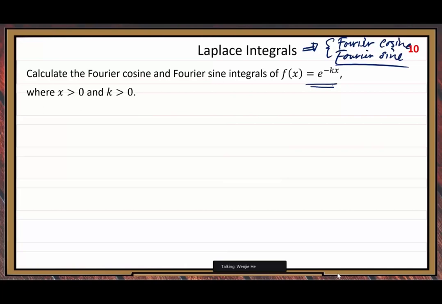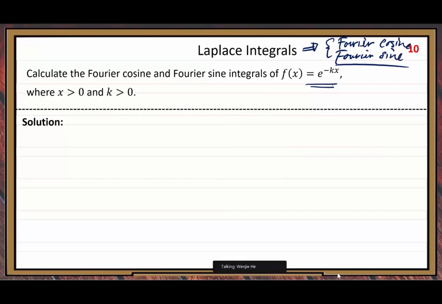Then we can apply the cosine integral version or the sine integral version. Here, let me draw the picture a little bit for even extension and odd extension. For even extension, look at the graph.